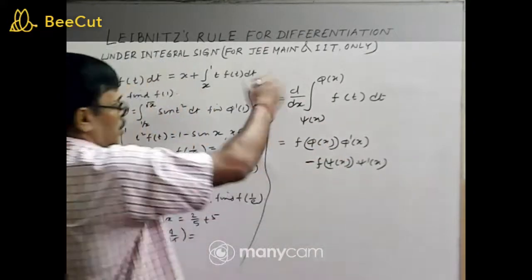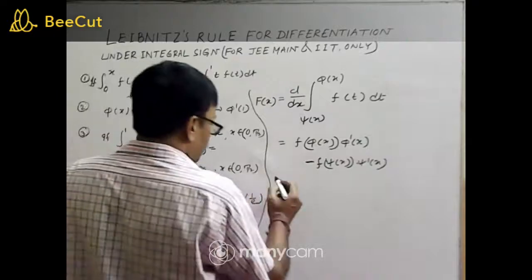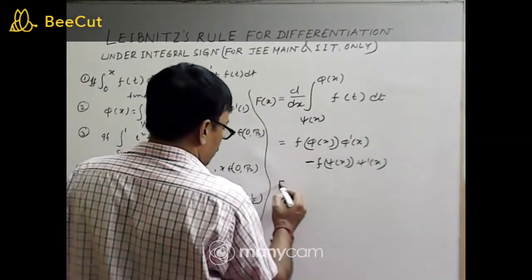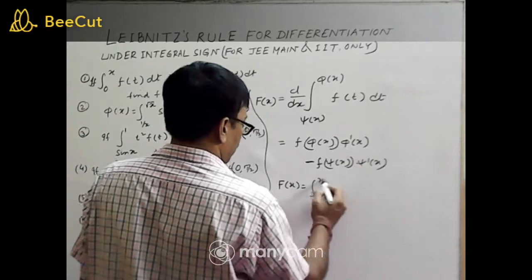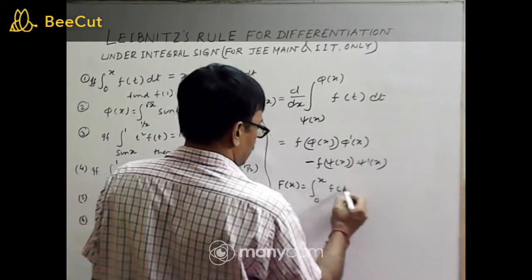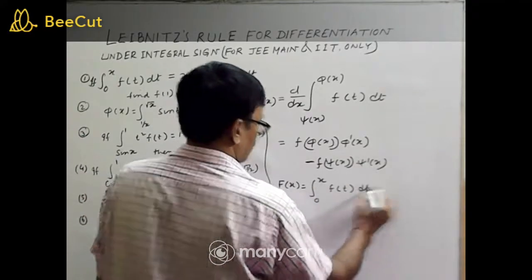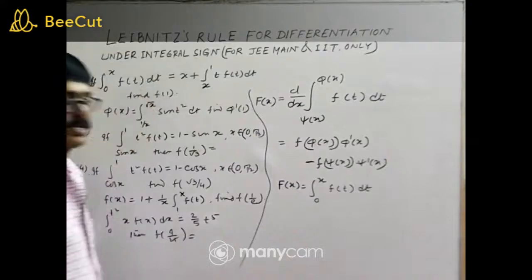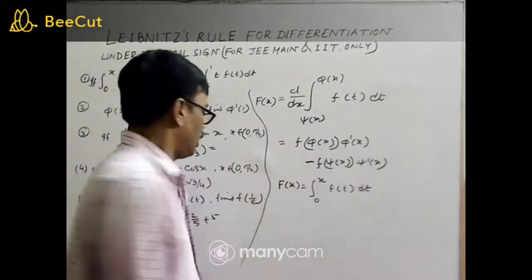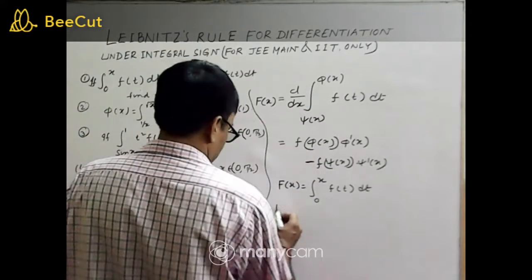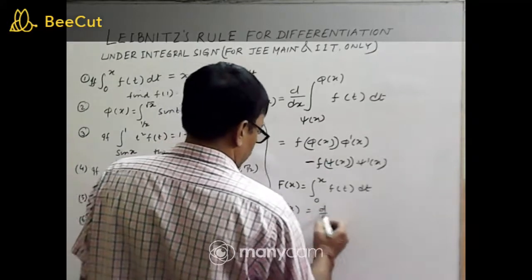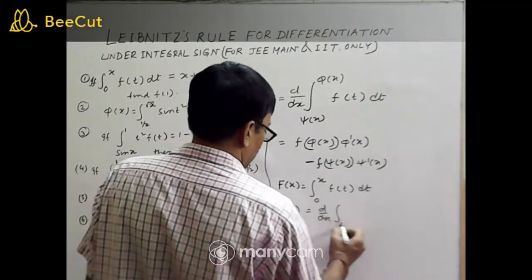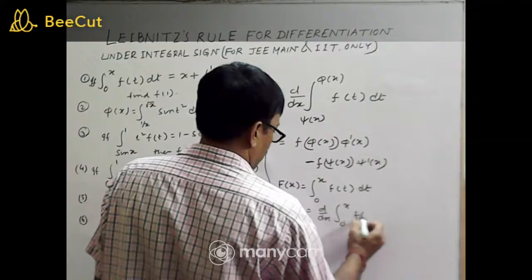So, this is general. For a particular case, suppose F(x) equals the integral from 0 to x of f(t) dt. Then what is F dash x? It is d/dx of the integral from 0 to x of f(t) dt.